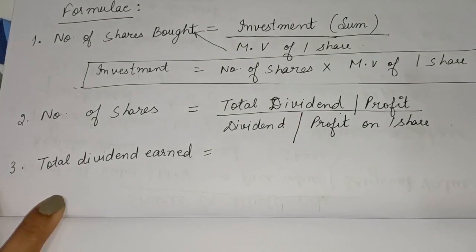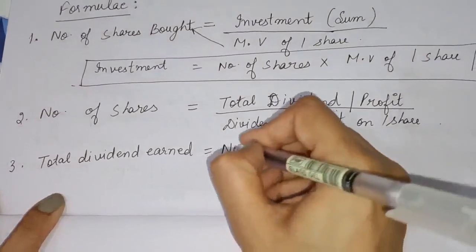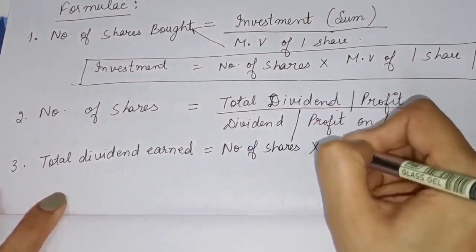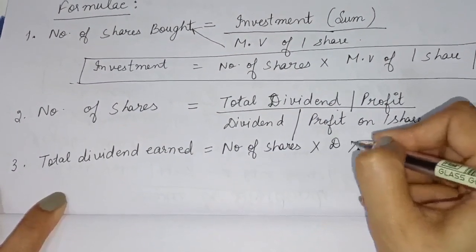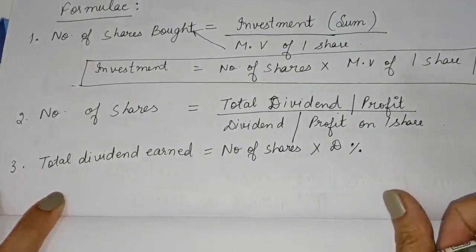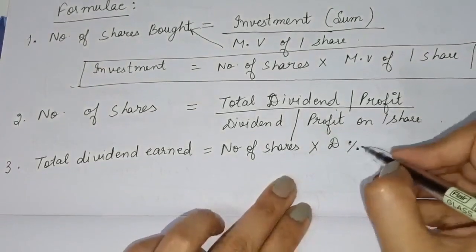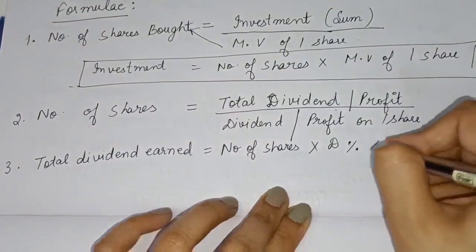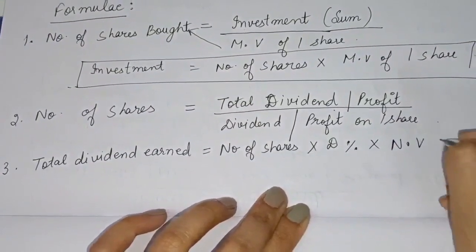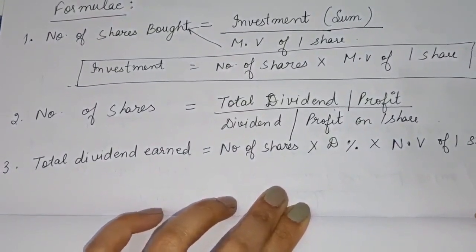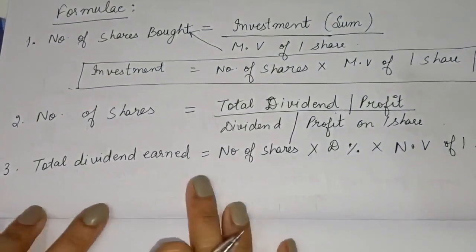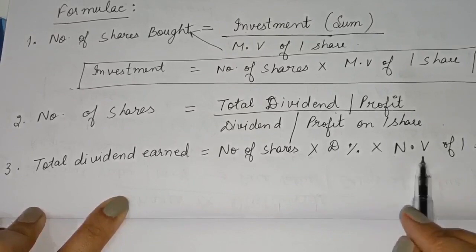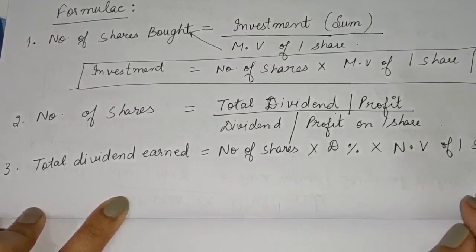So total dividend earned is equal to number of shares into dividend percentage, percentage meaning rate of dividend, into nominal value of one share. So total dividend earned is equal to number of shares into dividend percentage into nominal value of one share.